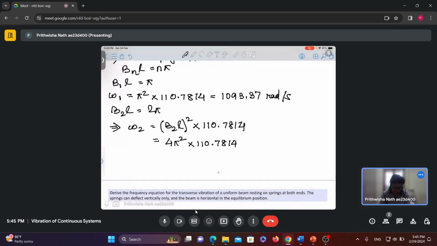That is equal to 4373.4 radians per second.